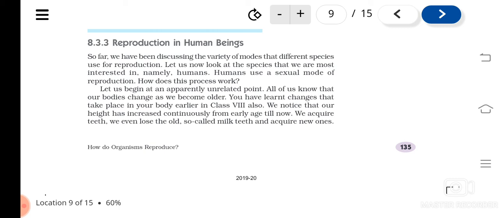Let's see how nature prepares a person for sexual reproduction. You have learned in 8th class also that certain changes happen in early teenagers, isn't it?